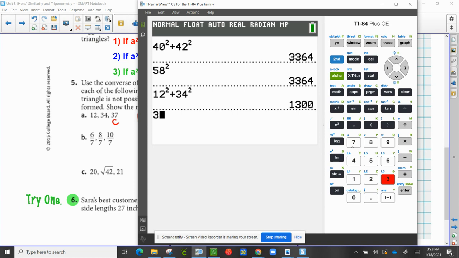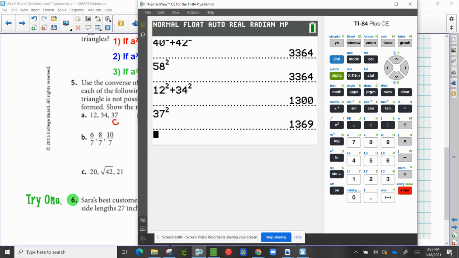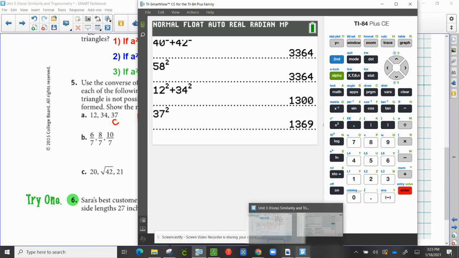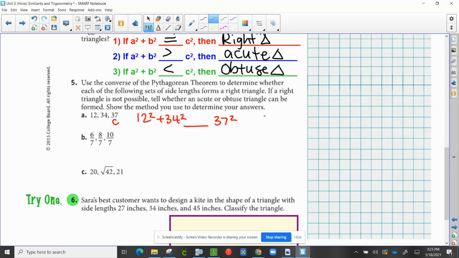And we're going to check how that relates to 37, our longest side, squared. We have 1,300 and 1,369. Well, if I look at that, 1,300 is smaller than 1,369. So if something is smaller than our C squared, that means this triangle is obtuse.